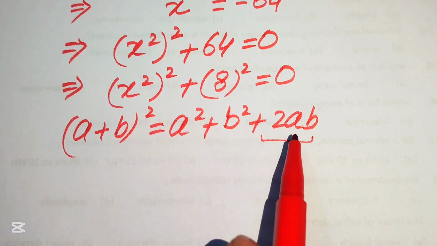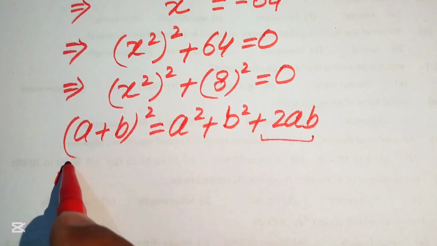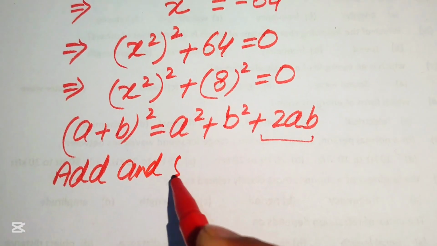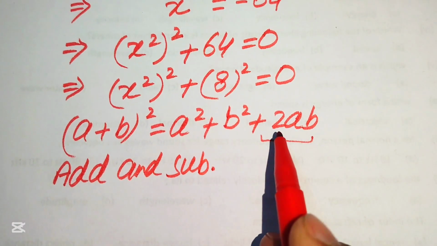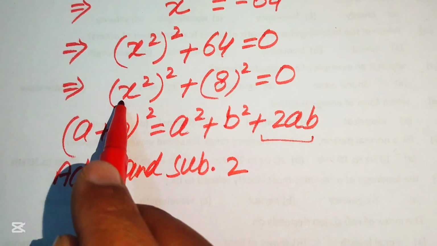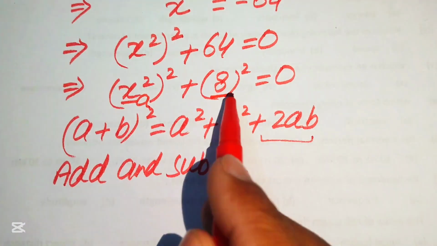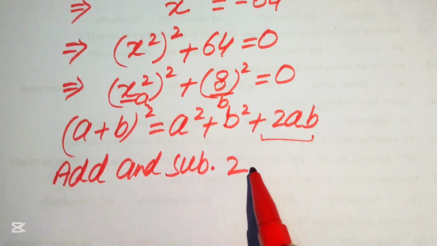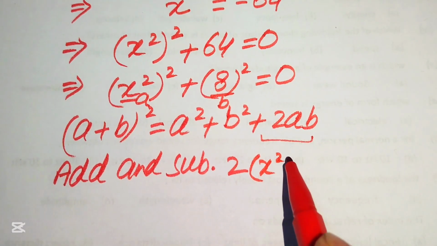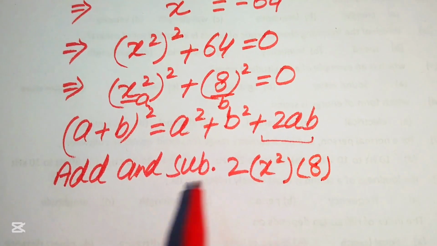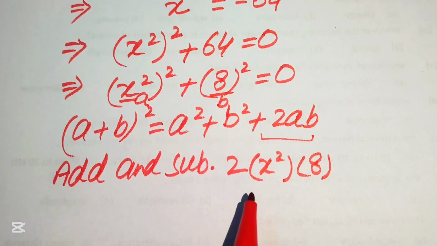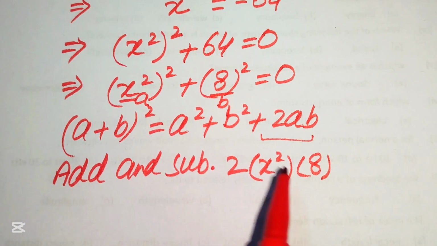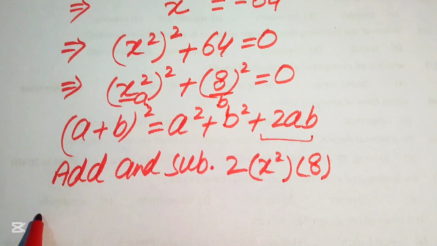So in order to make this term, we need to add and subtract 2 times ab. Here our a is x square, our b is 8. So we have 2 times ab, where a is x square and b is 8. So in order to complete the square, we need to add and subtract 2 times x square into 8 in the above equation.